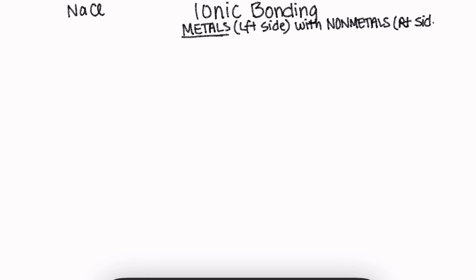And then the ones in the middle are also metals. So most of the periodic table is metals, actually, and fewer are nonmetals. But in order to have an ionic bond, you have to have a metal with a nonmetal. Whereas other kinds of bonding, you can have two nonmetals. The other thing that you got to make sure you remember about ionic bonding is it always involves the transfer of electrons.